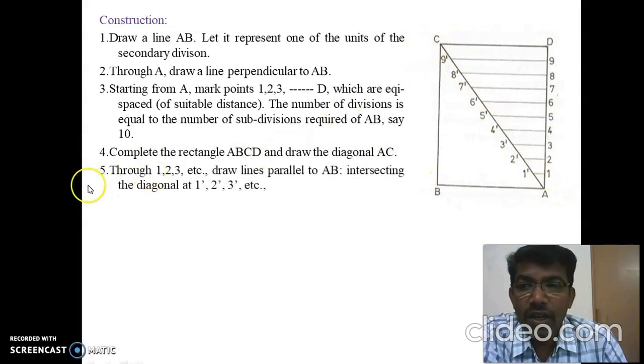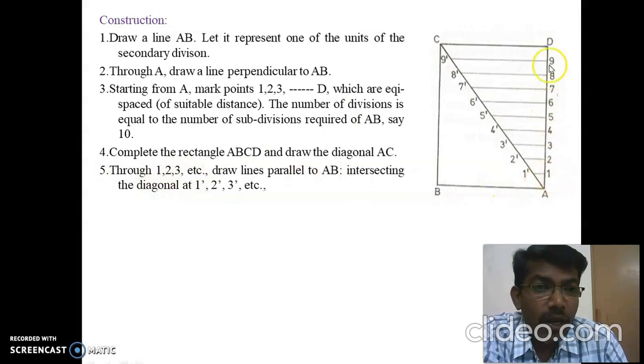Afterwards, through 1, 2, 3 on the AD line, draw parallel lines to AB such that they meet the diagonal AC, and represent them as 1 dash, 2 dash, 3 dash up to 7 dash.